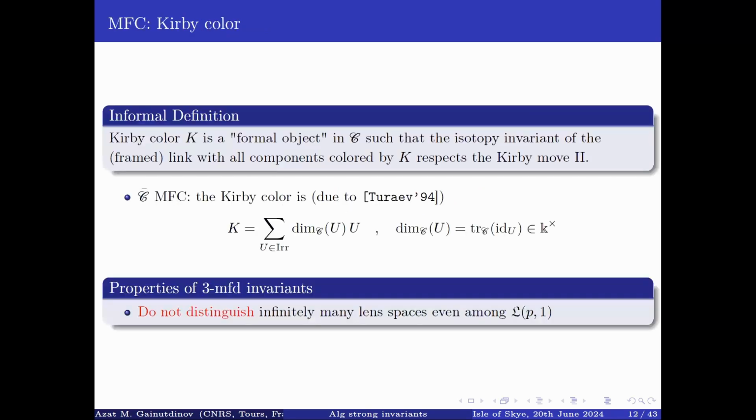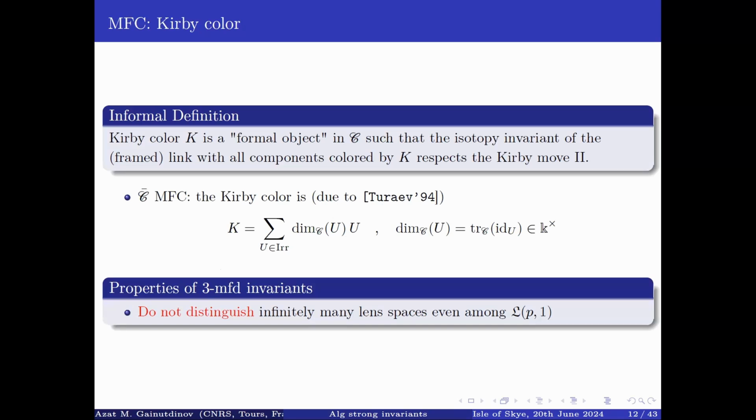Okay, so how to construct such an invariant? Reshetikhin and Turaev proposed this Kirby color. It's a formal object in the category such that the invariant of the framed link with all components colored by this object respects the Kirby 2 move. And this Kirby color has a very simple form. It's just a sum over all simple objects in your semi-simple category, weighted with the categorical dimension of your object. Categorical dimension is the trace of the identity.